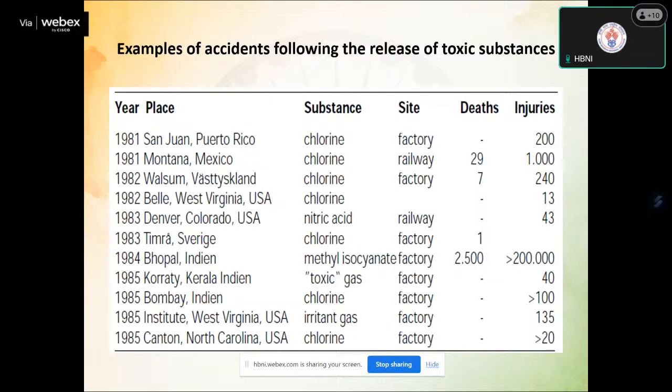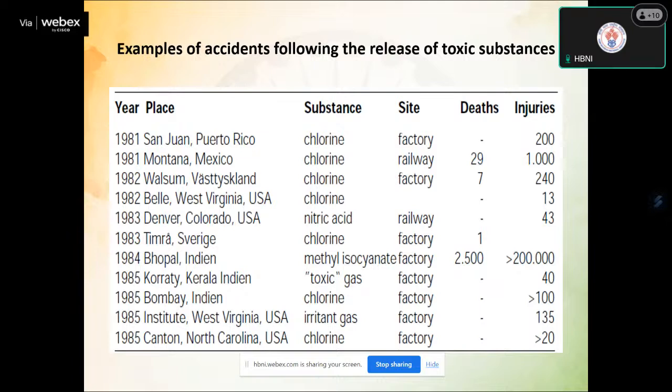The PPT is not moving. Slides again. Example of accidents following the release of toxic substance. This slide is now showing. Okay, this we have seen now.